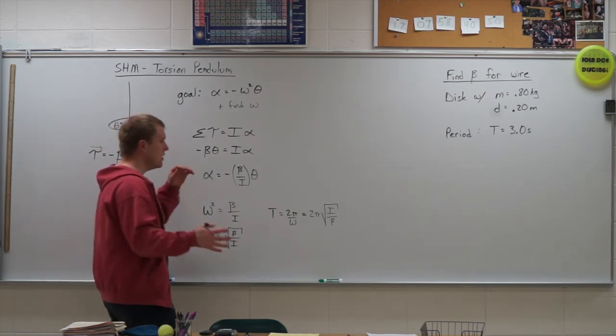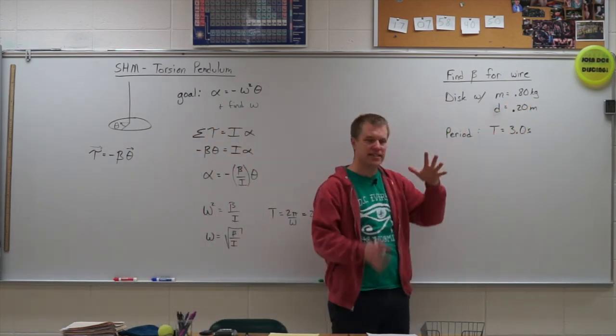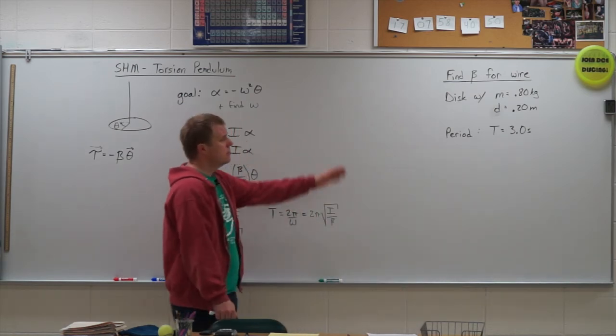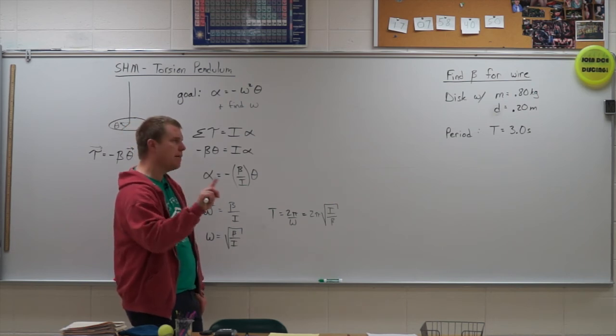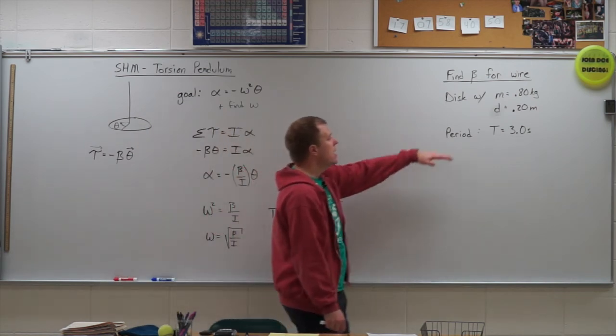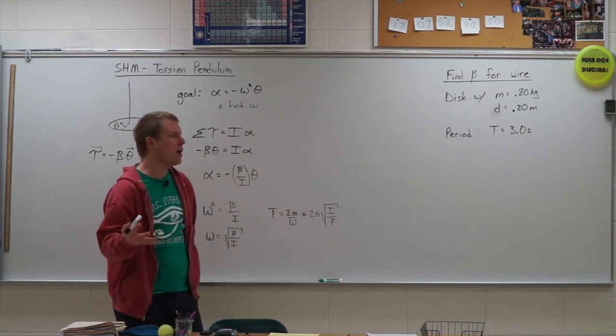The example I have here is a disc with a mass of 0.8 kilograms. It has a diameter of 0.2 meters. I notice that when I put it on this wire, it has a period of 3 seconds. So it takes its sweet time, but it still has a period of 3 seconds. I want to find the torsion constant for my wire.